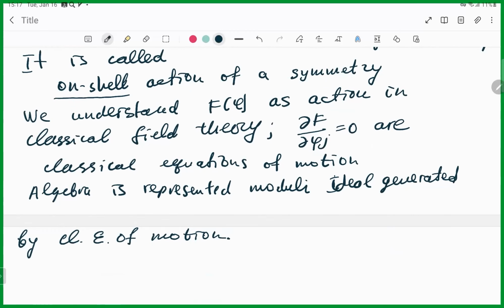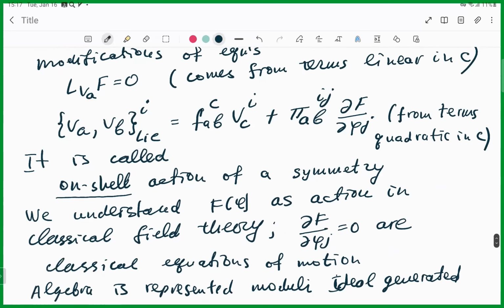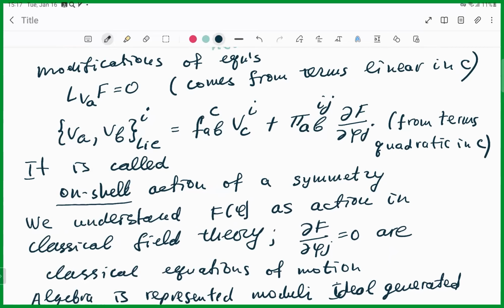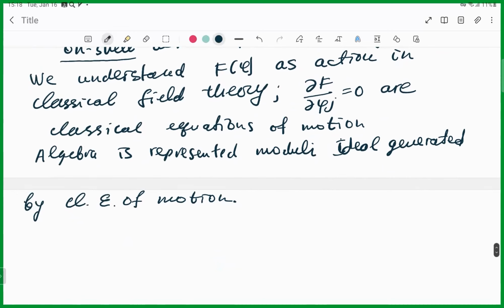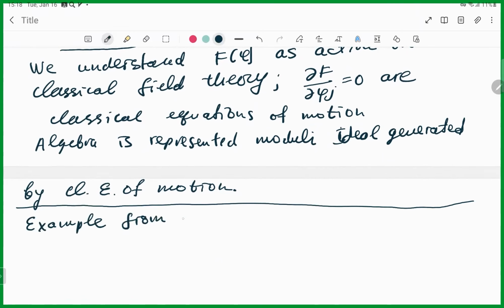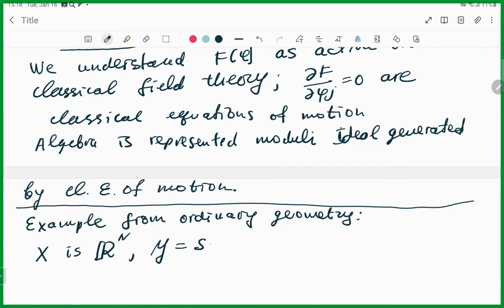Now, let us see where we have such phenomena. Maybe I just dreamed about this condition. However, I can give you an example from ordinary geometry. Suppose X is R^n, G is SO(n).